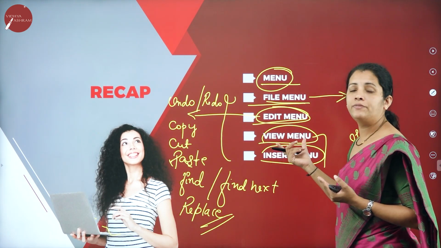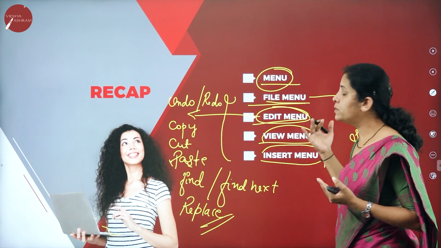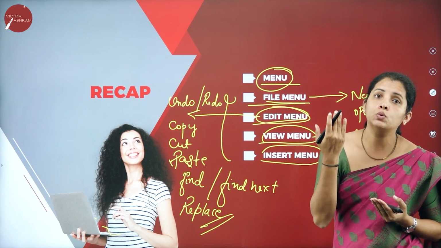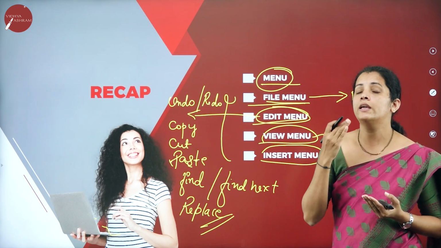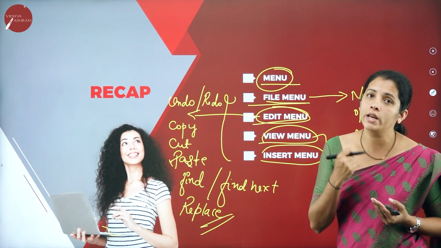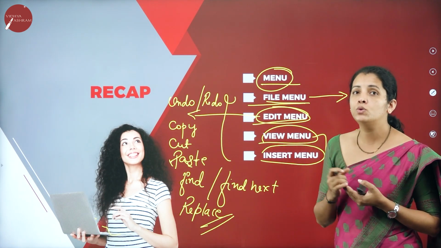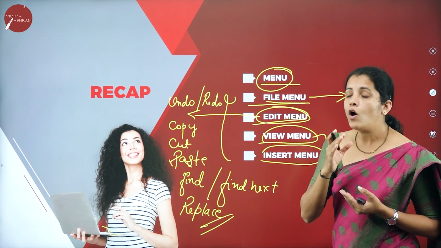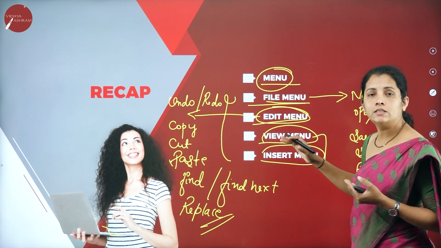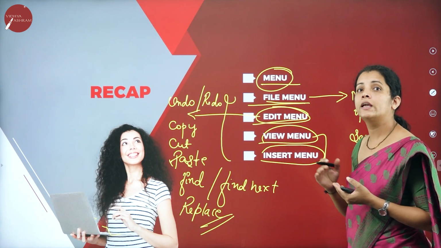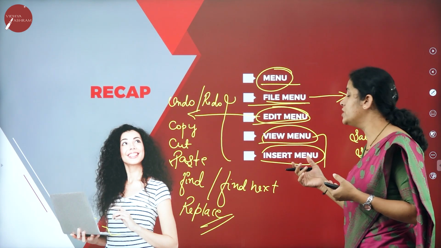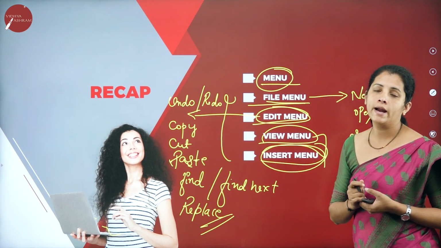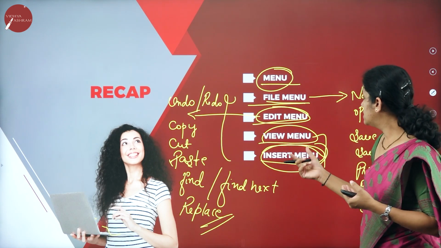The name itself indicates that you can insert graphs, or charts, or your own images, or download pictures from online, or insert symbols, or equations, etc. So these are the options provided by the insert menu.